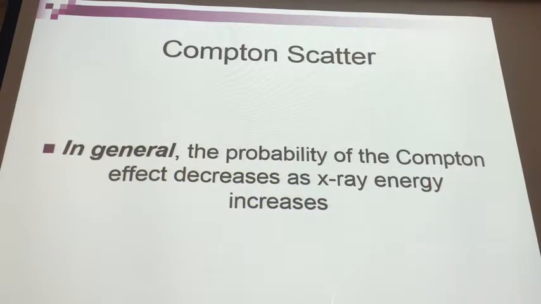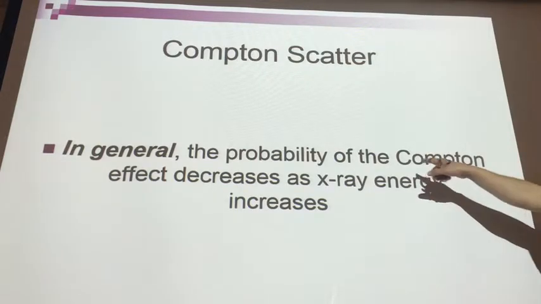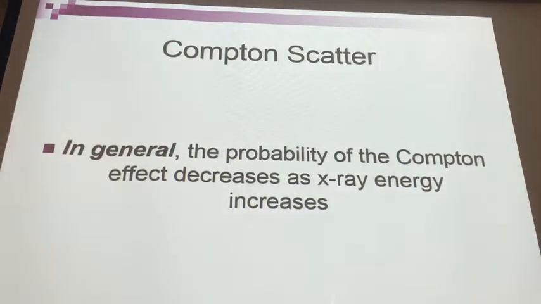And this is why many X-ray technologists will tell you, and it's a huge mistake, that when you increase kVp, you increase the scatter radiation. False. We're decreasing it, but we are seeing more on the image receptor.